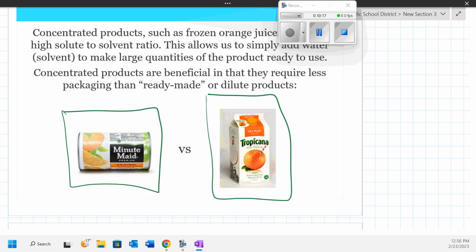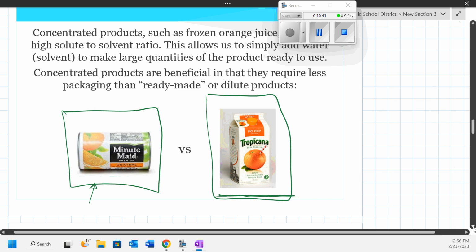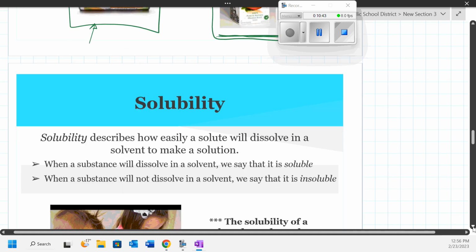What you will do with something like Minute Maid is take 1 or 2 spoons, put them into a glass of water and then dilute them. Versus what you will do with the Tropicana boxes is just take the box as it is and pour it straight into your glass and then drink it.